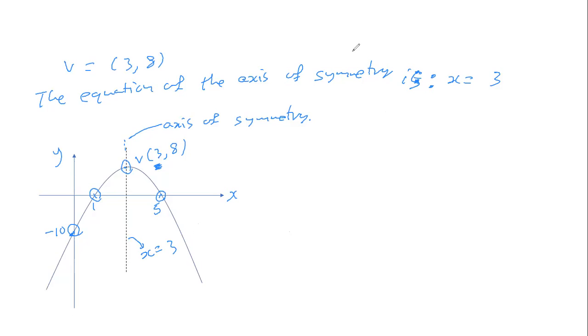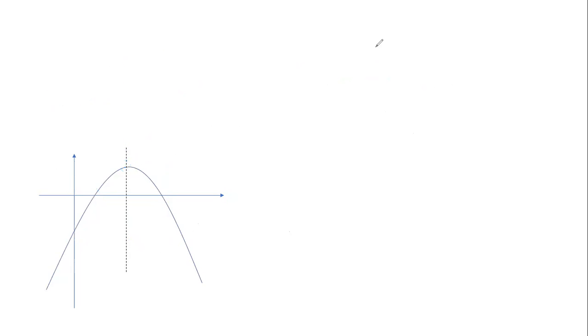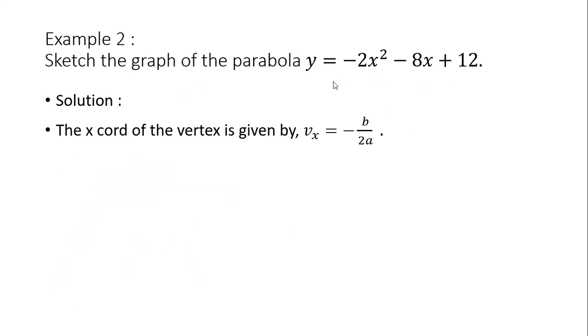Now let's see another example of the other type of equation, right? We'll clear this. Okay, sketch the graph of the parabola y equals negative 2x square minus 8x plus 12.